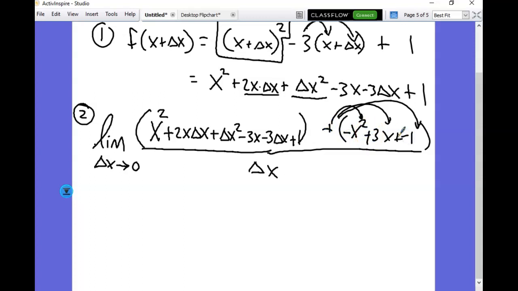And then those three things are all going to cancel out with something on the other side. So the 1 cancels with the 1, the 3x cancels with the negative 3x, the x squared cancels with the x squared. So distribute and combine, right? And here's what I'm left with.